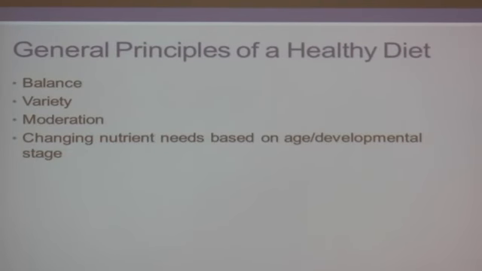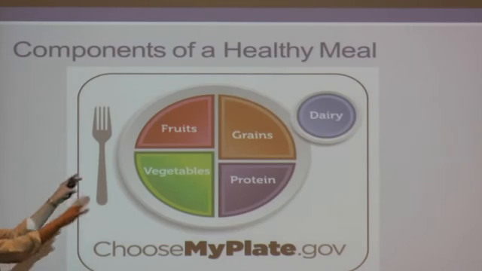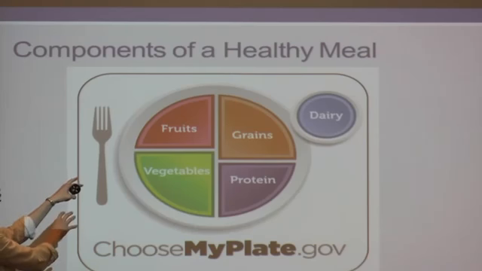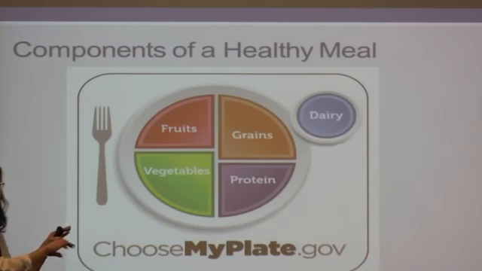All right, so within that framework, there are several general principles of a healthy diet. So one is balance, as you can see. If you're distributing your plate like this, where half of what you're eating is fruits and vegetables, a smaller portion of protein, a smaller portion of grains, then you've got good balance there.